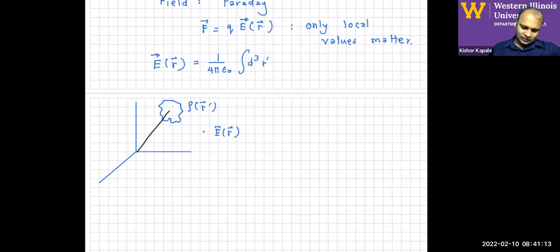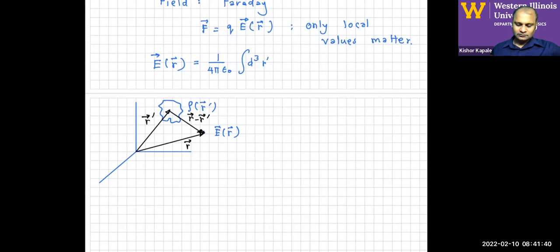And so we do this. Okay, and so this is r prime, that's the r vector. And so what matters really is the distance between the source point and the observation point. So this is the r minus r prime vector.